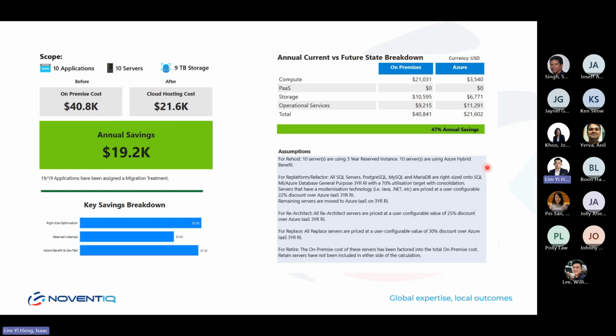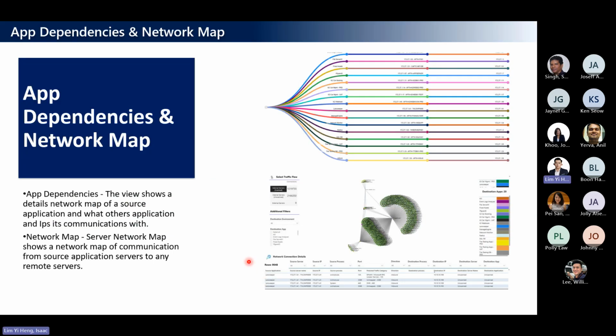This will be the summary of the assumptions that we need to look into. Also, the application and network dependency map will be generated as well. These are the services that we are offering free of charge for customers who are keen to move to cloud.